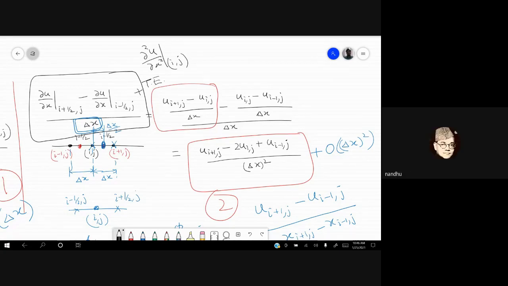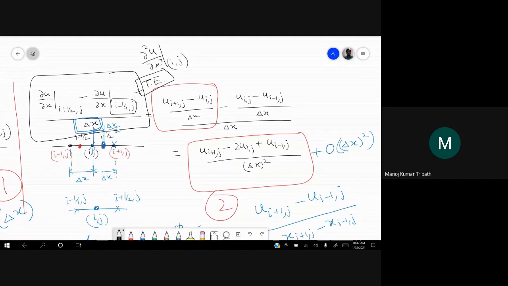If you write the entire Taylor series expansion about point i plus half j about point ij, and the expansion for i minus half j about point ij, and subtract those two equations, you will get some truncation error. That will be the order of delta x square.